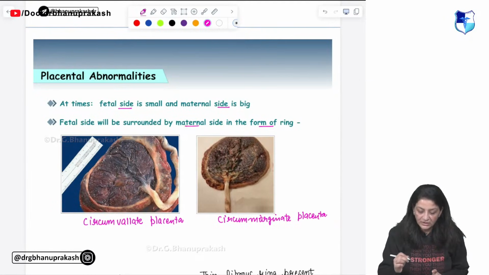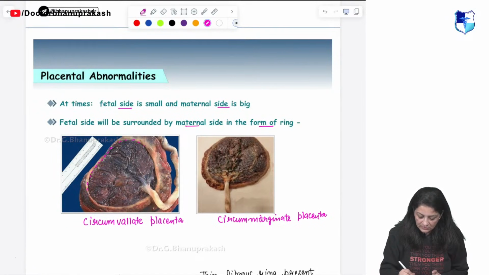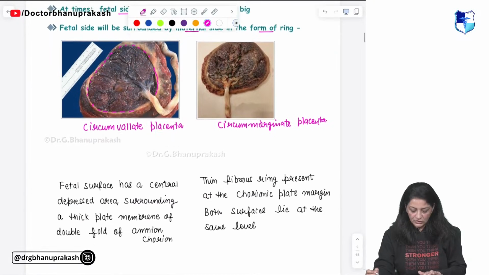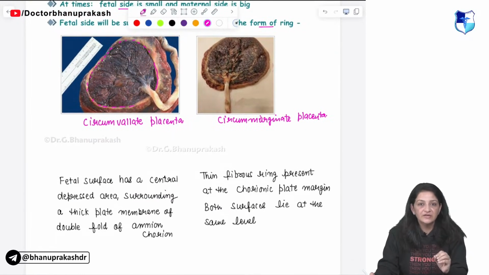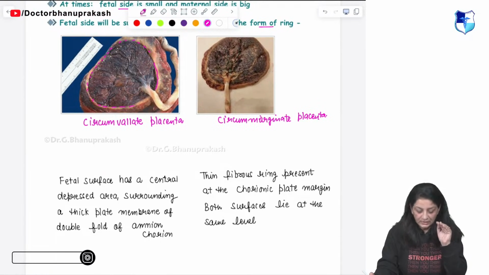In circumvallate, there is a thick wall-like membrane around the fetal surface. The fetal surface has a central depressed area surrounded by a thick membrane of folds of amnion and chorion.